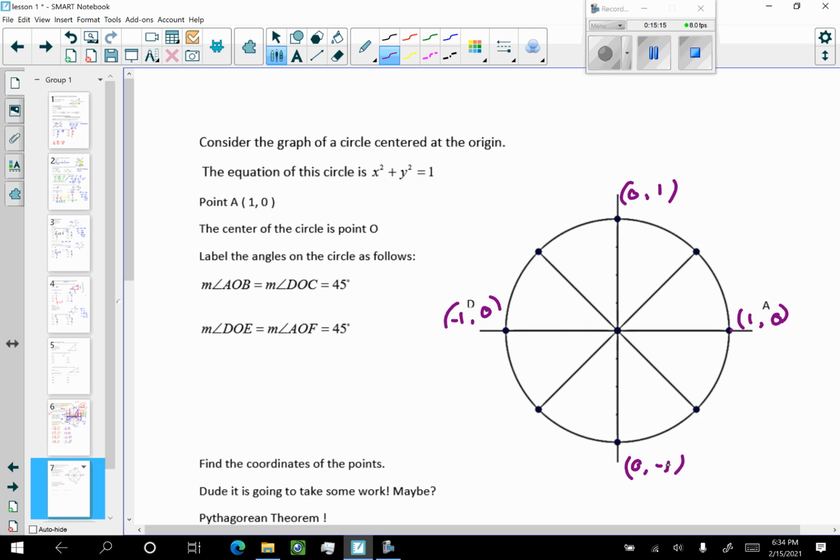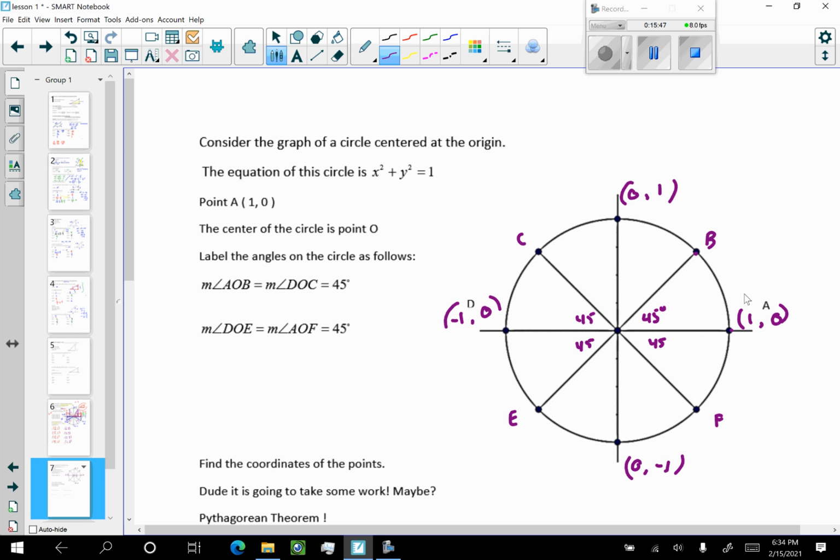But this time I want to put this point B where AOB is 45 degrees, and DOC is 45 degrees, and DOE is 45 degrees, and AOF is 45 degrees.